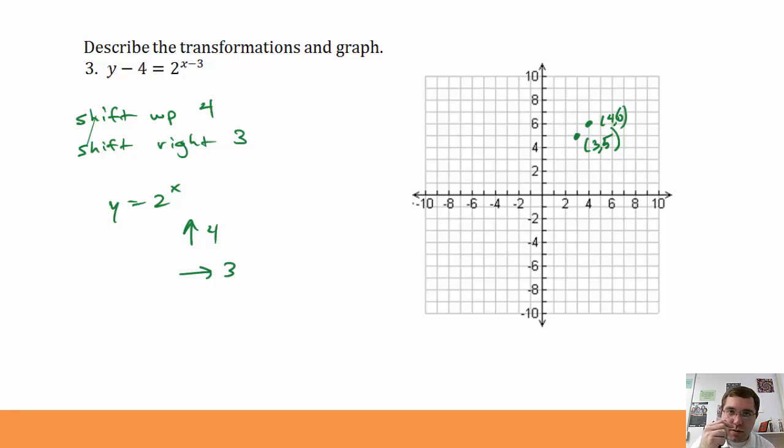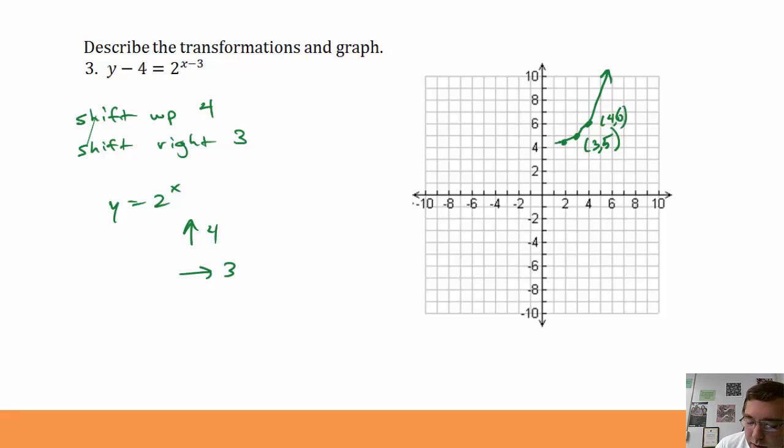Well, now if I shift it right 3, it's going to put me at 2, and then up 4 is 4.5. So (2, 4.5). And that's the shape of this graph.